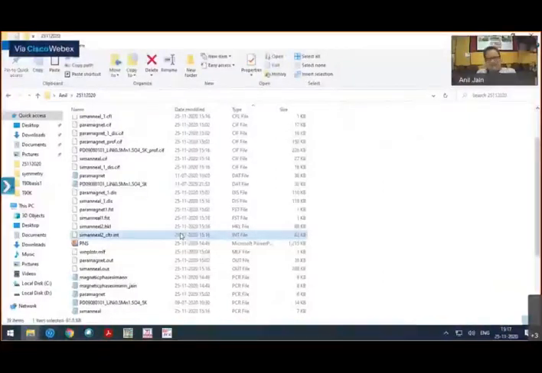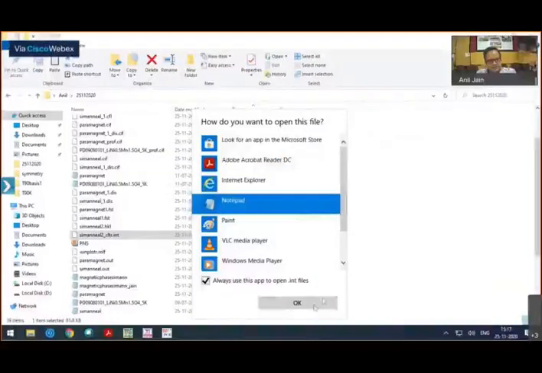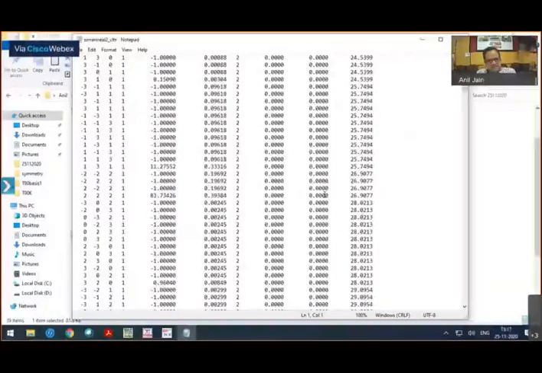So this has created a file of the integrated intensities for the magnetic reflections. Let's open this. Now these are the reflections, and accordingly it has calculated the integrated intensities.